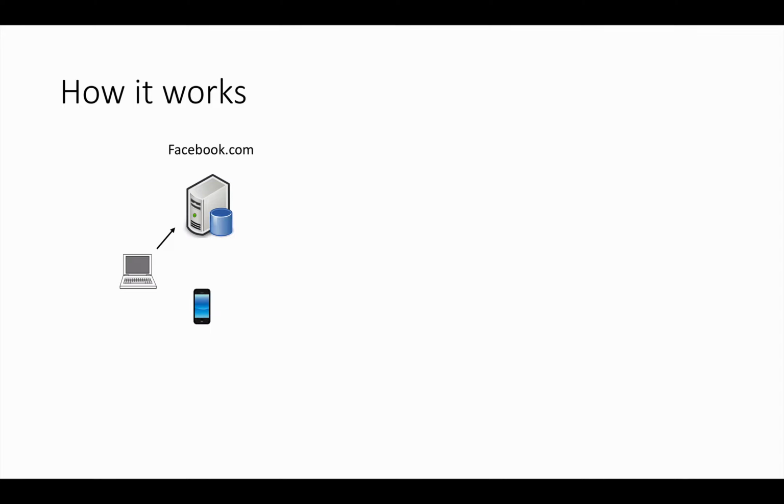The same can happen for a phone or another computer. We can have all sorts of different devices connecting to this web server at the same time. Now that these devices are connected, the users can share all of their personal information with Facebook, and Facebook can share with them that cat picture that grandma posted last weekend.